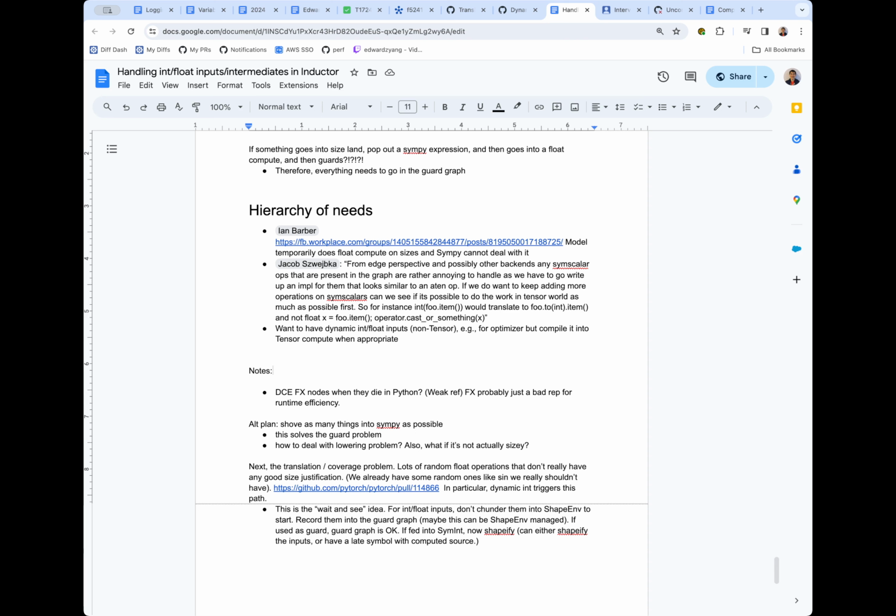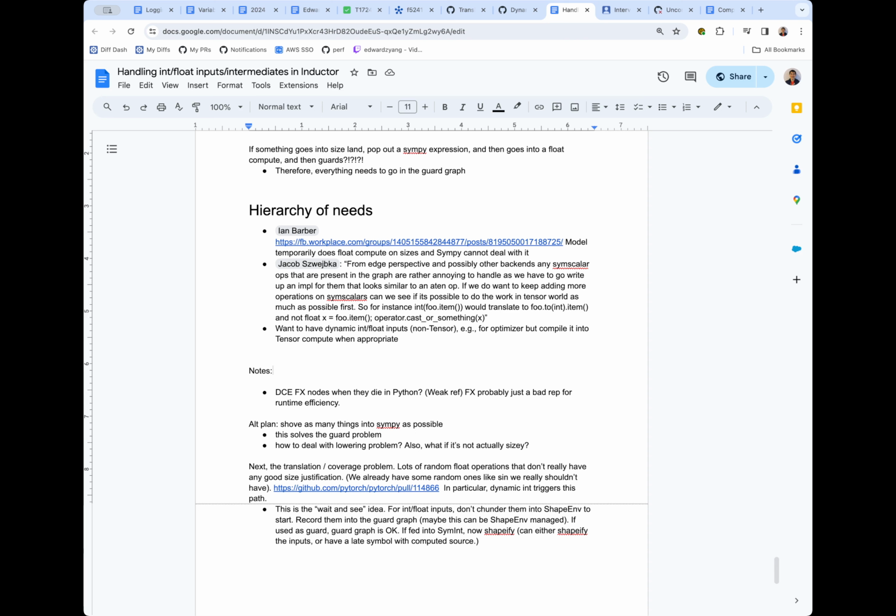This just seems bad. It would be high overhead. In principle, the overhead could be reduced by clever application of compilation-style techniques, but it just morally feels wrong to me to do it this way. So I want size compute to still happen without being tensorfied. Any objections? Sounds fine.